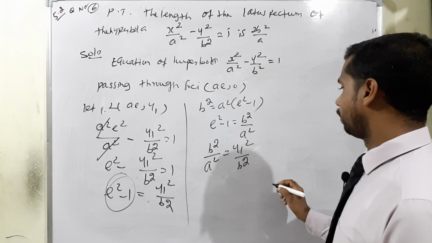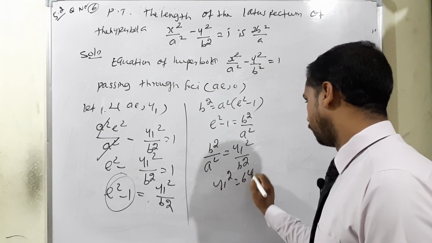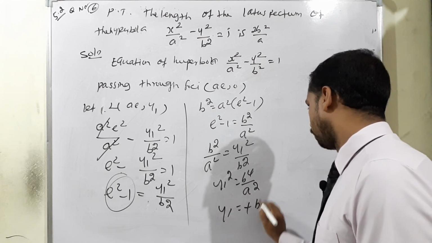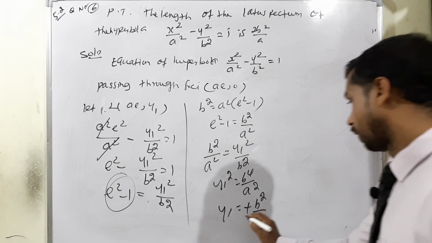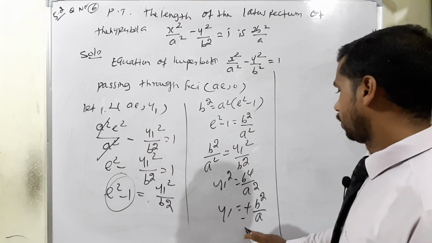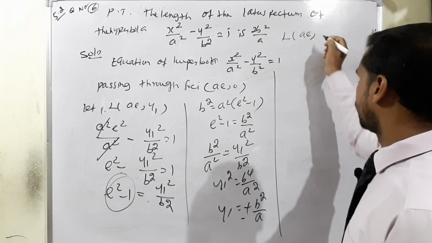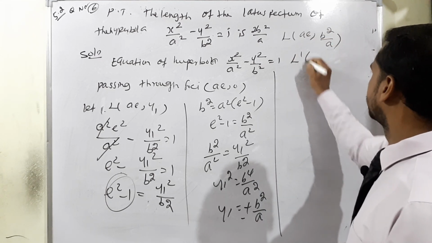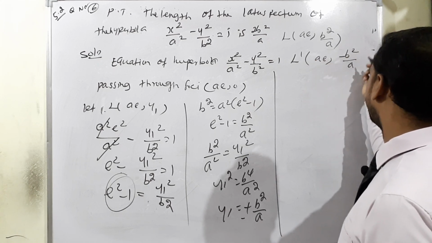Again cross multiply, so y1 square is equal to b power 4 divided by a square. Therefore, y1 is equal to plus or minus b square divided by a, isn't it? So let L be ae comma positive b square by a, and L dash be ae comma negative b square by a.